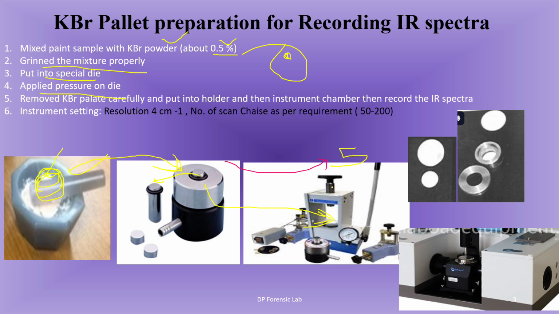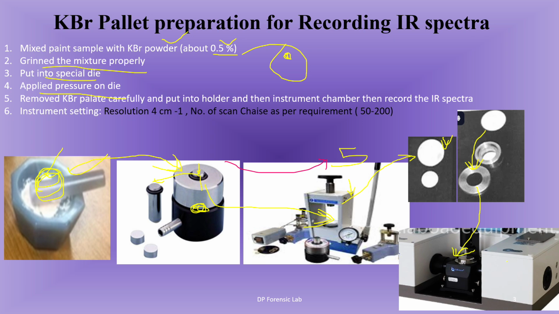You apply the pressure, and this cylinder presses the sample, and you get this type of IR disc, which is transparent. This disc may be put in a special type of holder, and this holder can be put in the instrument chamber.